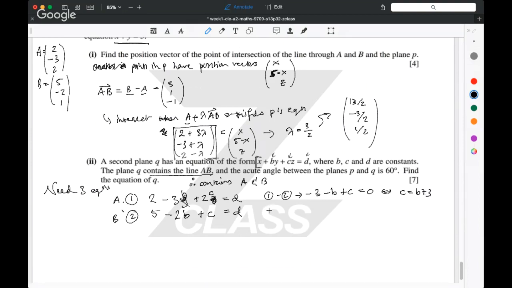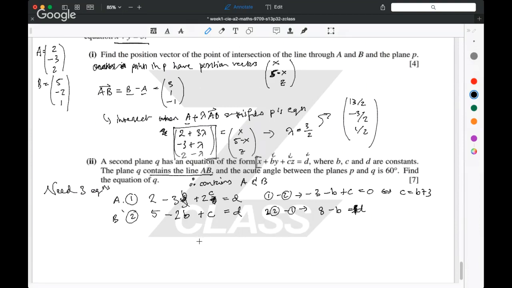And then I'm going to take 2 copies of 2 and subtract 1. And that's going to get rid of the c's for me. And so I get that 8 minus b is equal to d.